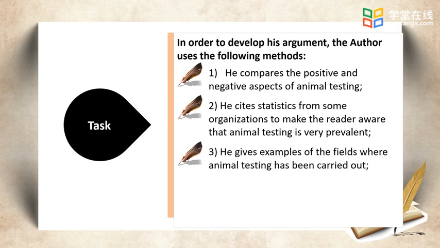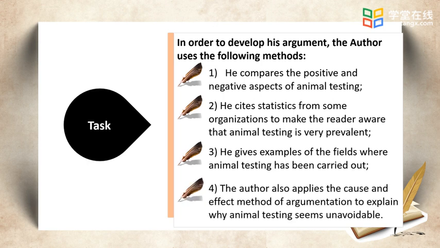Third, he gave examples of the fields where animal testing has been carried out. Fourth, the author also applies the cause and effect method of argumentation to explain why animal testing seems unavoidable. By a combined use of these various methods, the author easily comes to his conclusion.